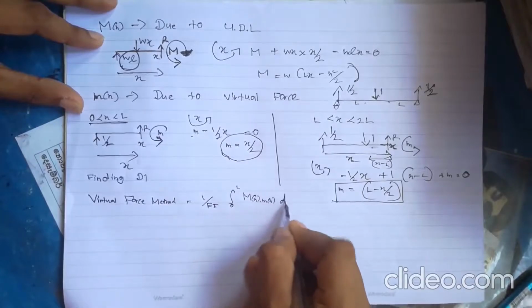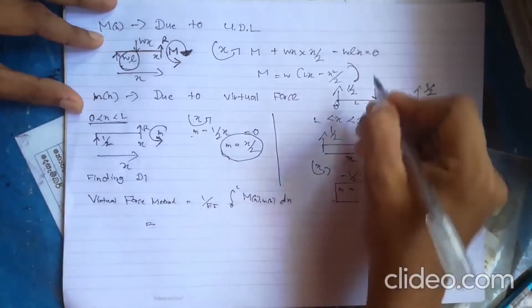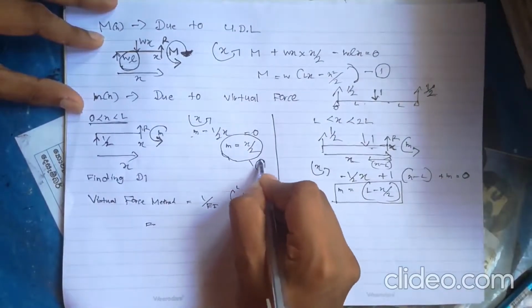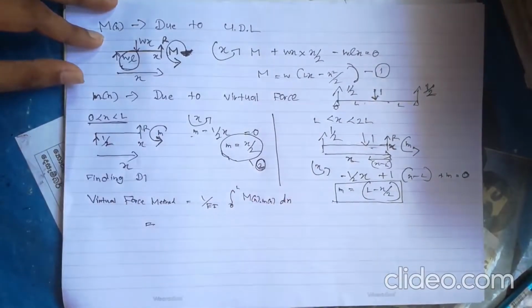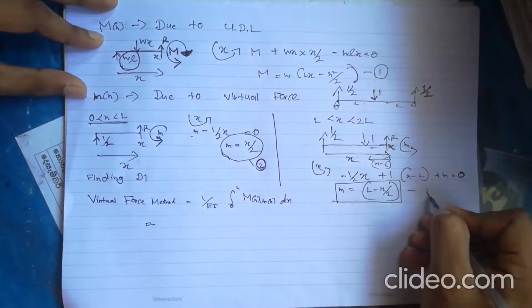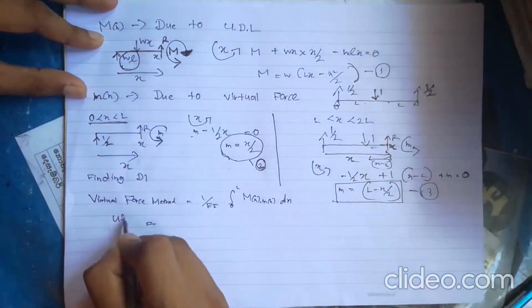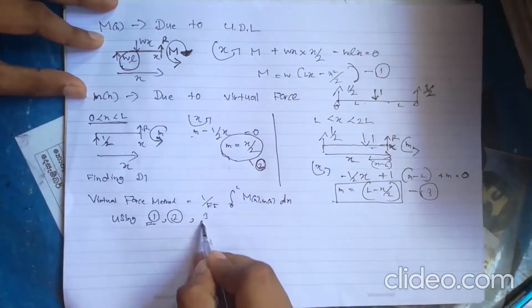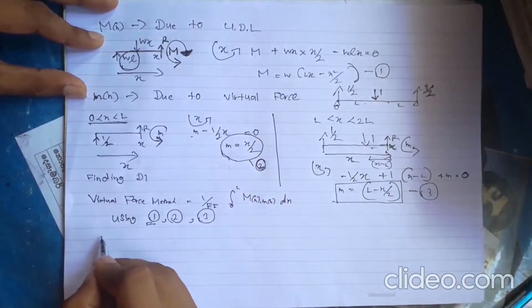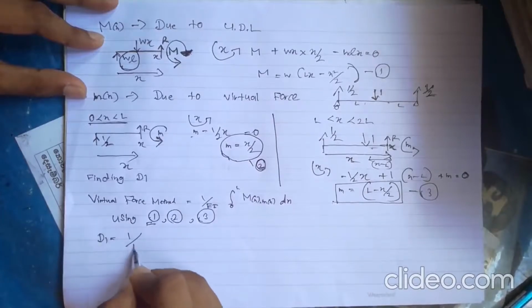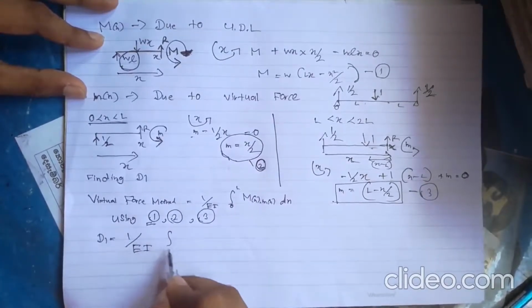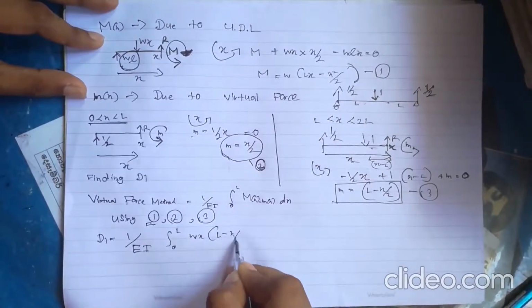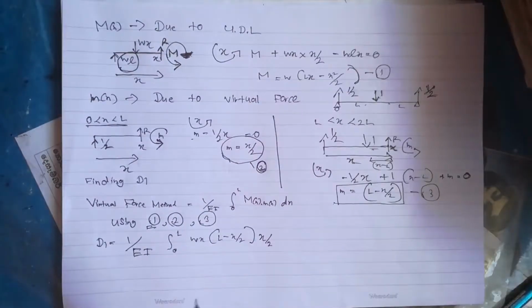Now, using the virtual force method formula, by substituting the moments which I found, relative to x, we can find the deflection d1. Here I substitute them. The integration is done in two parts because the small mx formula differed in the two members.